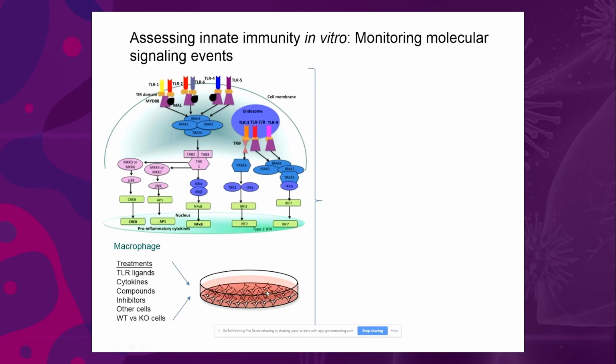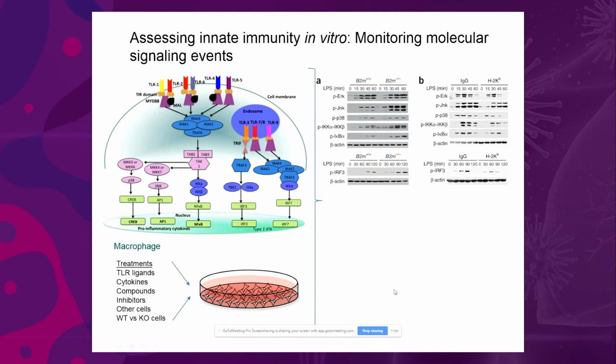We put these in culture, and then we can culture them with the stimuli I mentioned, get the cells, get extracts, and look at intracellular signaling cascades. And this is done most often by Western blotting. There are other ways it can be done these days as well, including ELISA-based kits that can look at the presence of phosphorylated mediators, or even Luminex kits.